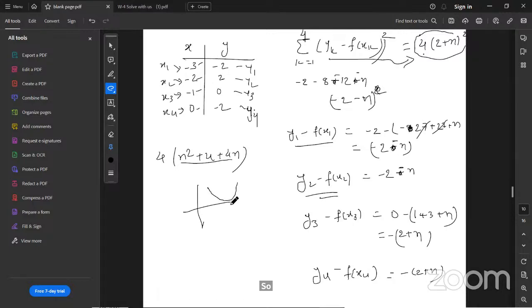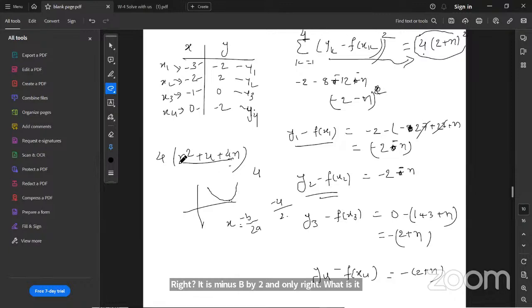Like this. And it opens up, so the minimum is at x is equal to minus b by 2a. It is the vertex. So what is the value of b here? 4. Minus 4 upon 2 into 1, so it will become -2.